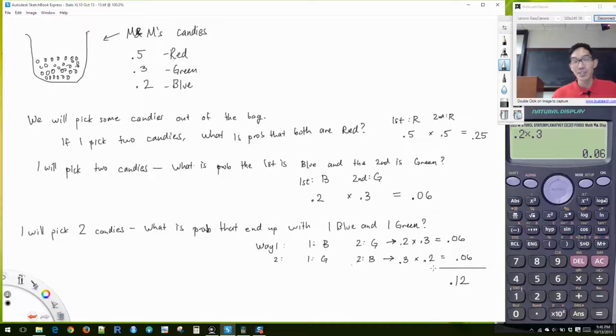You have to know this if you're going to teach statistics. But for simple situations like 1 blue and 1 green, we can think of all possibilities. I don't want to give you a formula per se, because I think the formula is going to look more complicated than you want it to be.